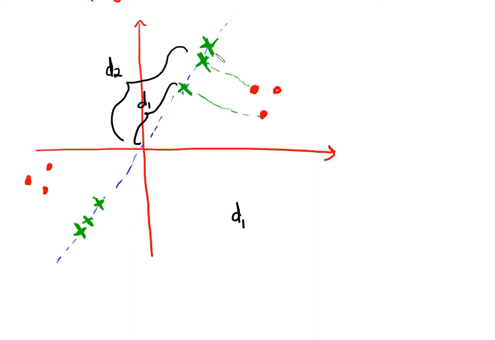And for the third point, this is your distance from the origin, D3. The fourth point has its own D4, this one has D5, and this one has D6. So what we are trying to do is maximize the distance of these points from the origin.